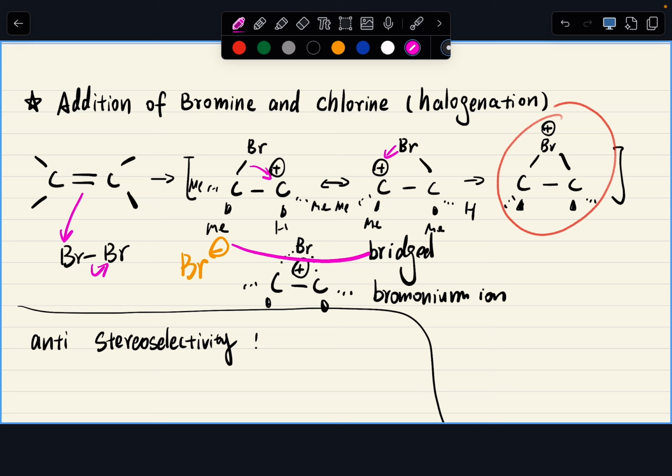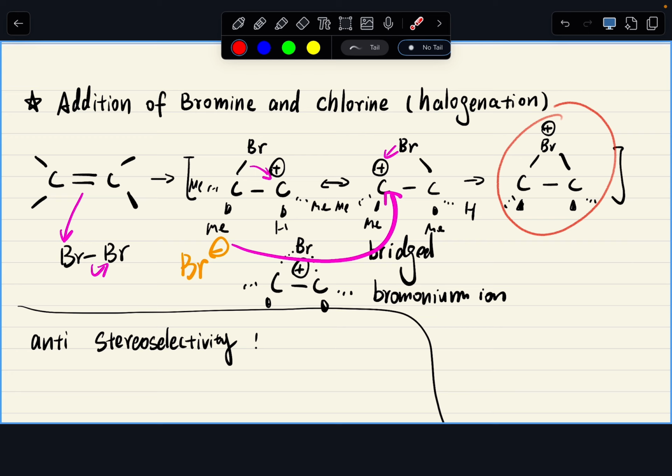All right, so if we're doing the arrow pushing, that must look like this, because my bromide can only approach my carbon center from the opposite face of this bridged bromine group. So what does that mean?